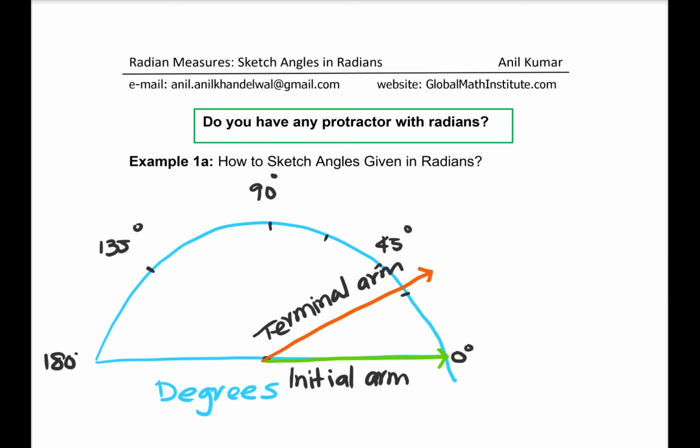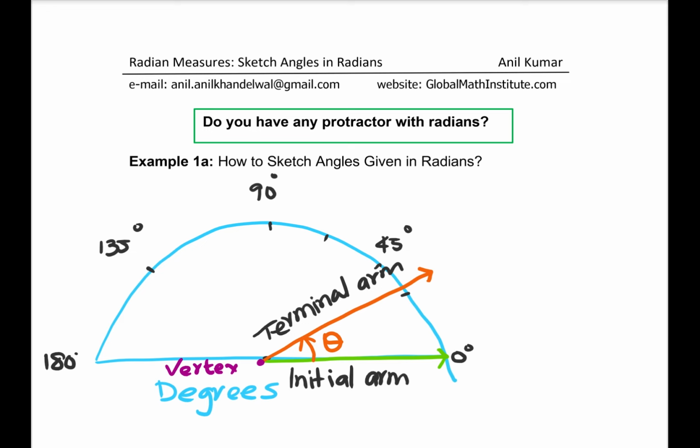And what we have here is the vertex. With that, you make your angle. Let's say the angle is theta. So that is how you actually draw angles for given degree measurements.